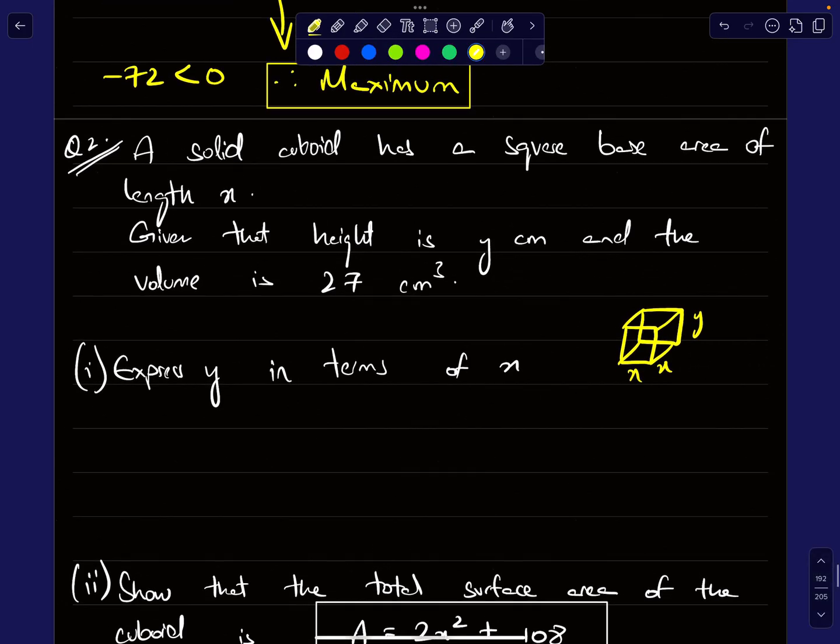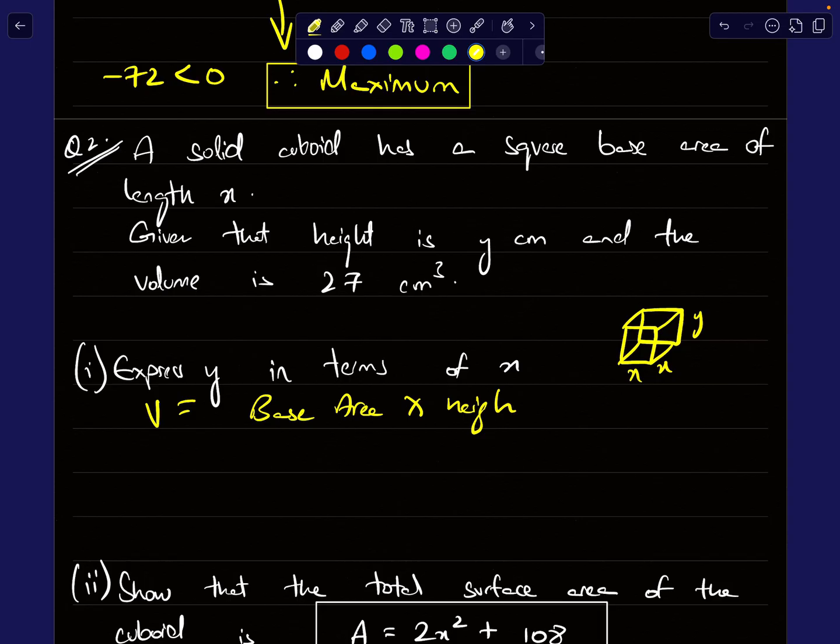Since we are given the volume, first of all write down the formula to calculate the volume of a solid cuboid. Length, breadth into height, or simply base area into height.